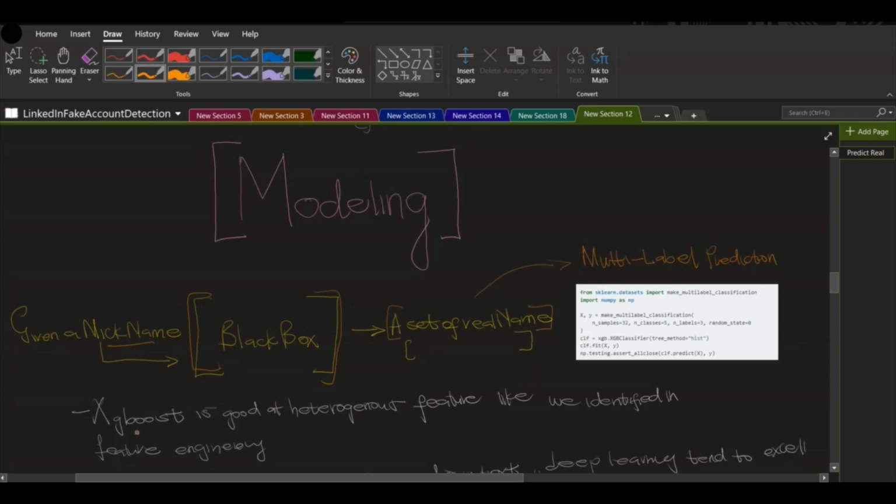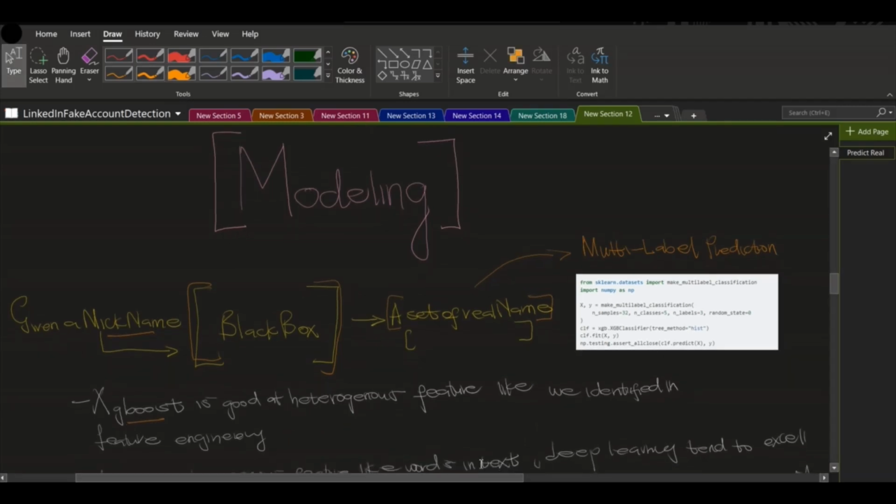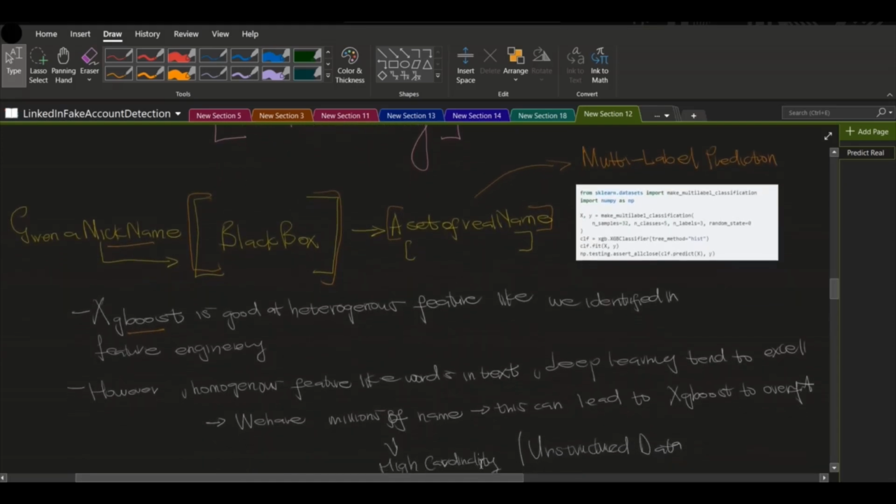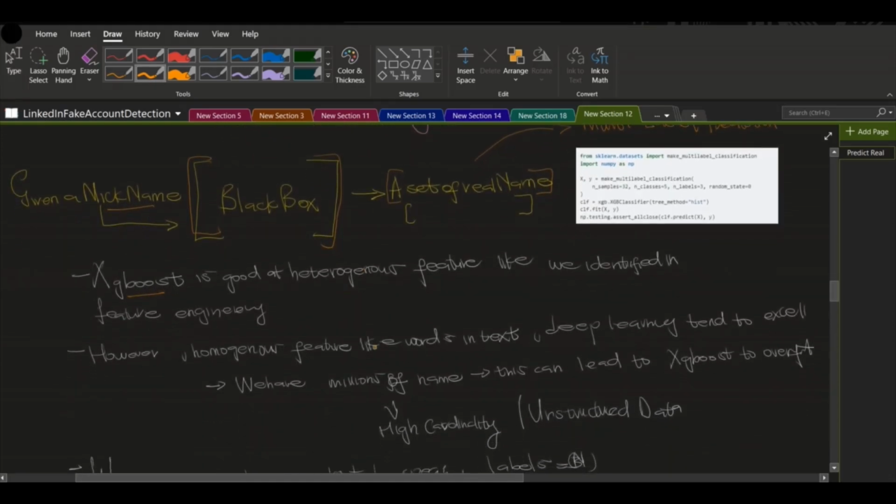One model that we can look at is XGBoost, which is very good at heterogeneous features like the ones we identified in feature engineering. This included country, age, maybe all of those features. However, for homogeneous features like text, we tend to rely more on NLP or deep learning models, which excel at these types of features.